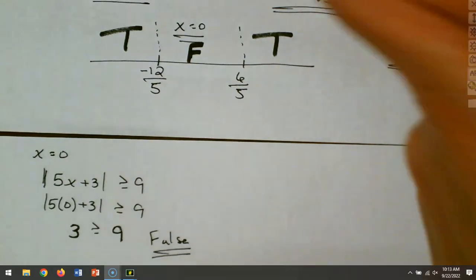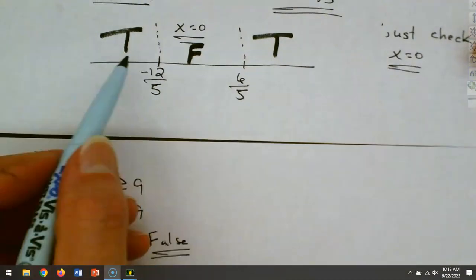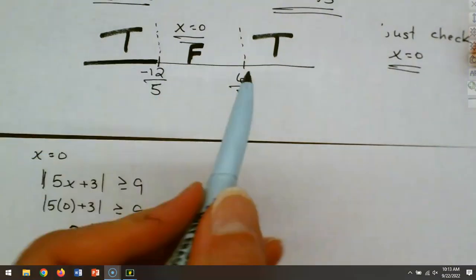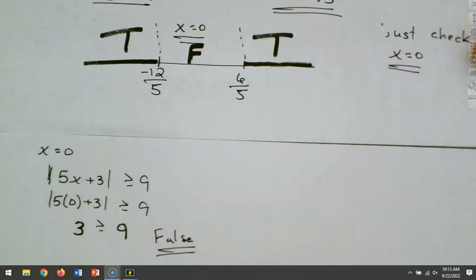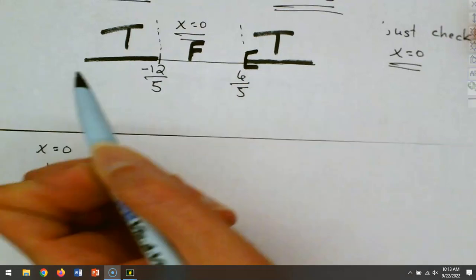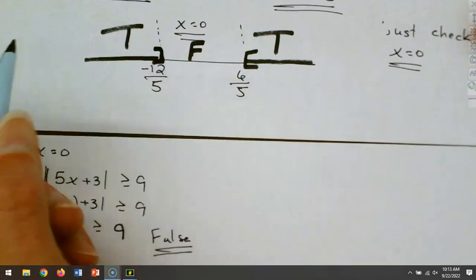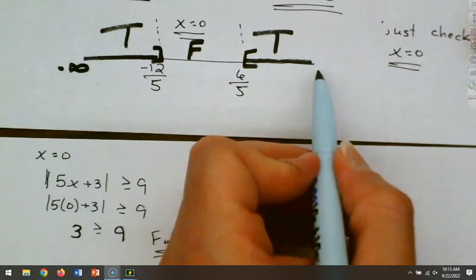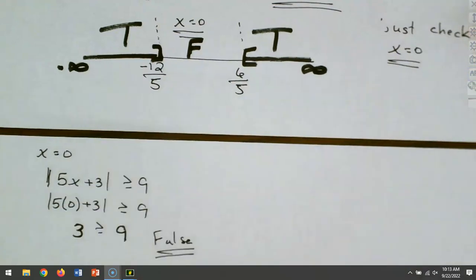Now, where is it true at? It's true on the edges. And am I going to use square brackets or parentheses? It looks like I'm going to use what? Square brackets. Okay, and this is negative infinity here. This is positive infinity.